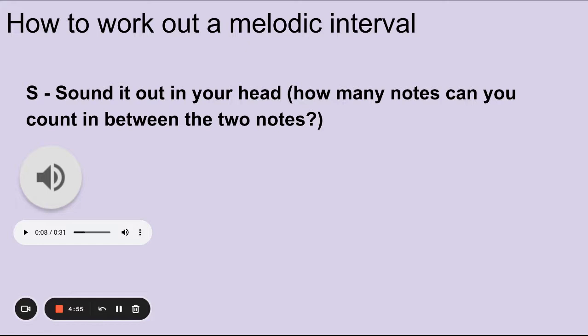So we had our first note, then we went up 7 to the octave. So that tells me that that was an interval of an octave.